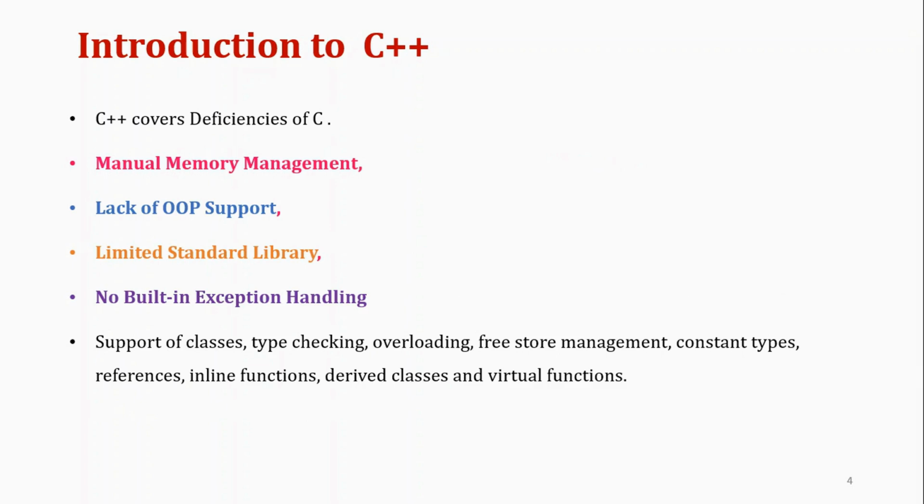So these are some drawbacks in C, which are addressed, improved and added in C++. The support of classes, type checking, function overloading, operator overloading, storage management, constant types, pointers, references, special functions like inline function, friend function, and virtual function. So these are all new add-ons to the language C, which is called C++.